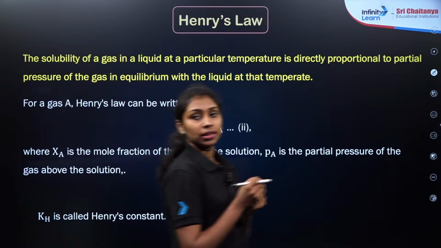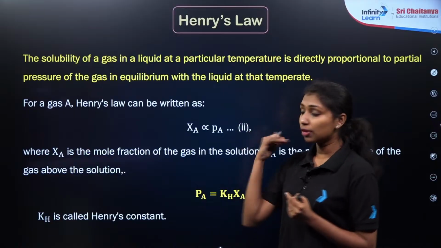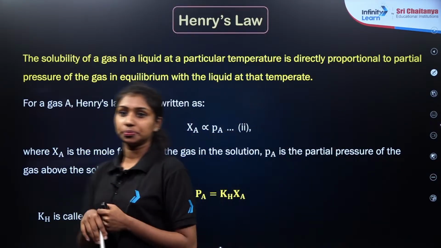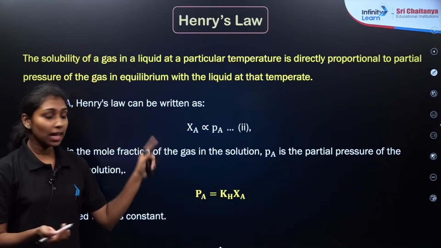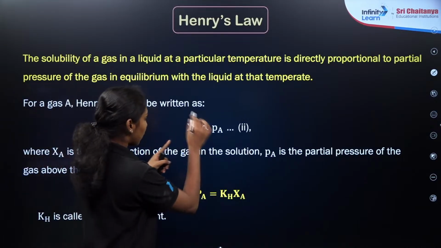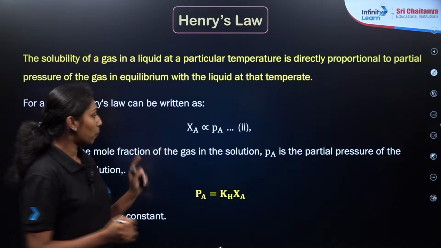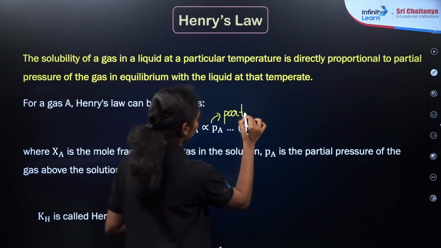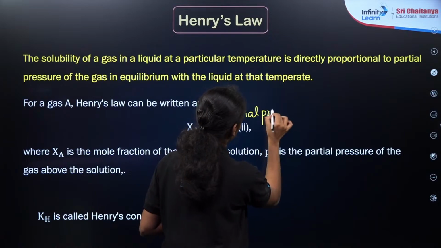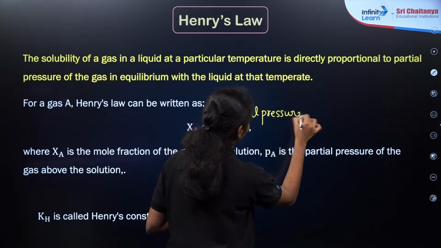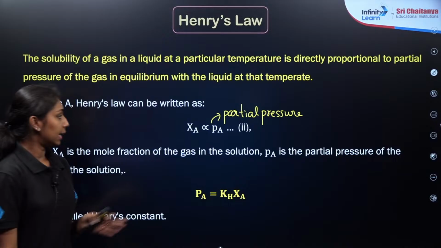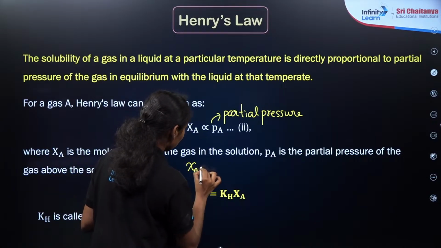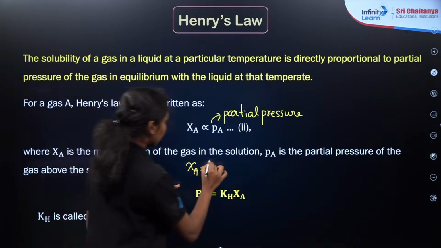Clear? So solubility here, we are focusing on the terms of mole fraction, chi A. If I am taking the component A, the solubility can be expressed in terms of mole fraction. This chi A is proportional to the partial pressure of the particular component A. Then chi A is equal to a constant into PA.